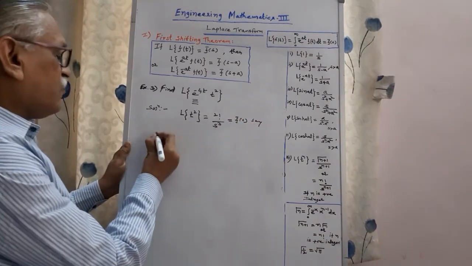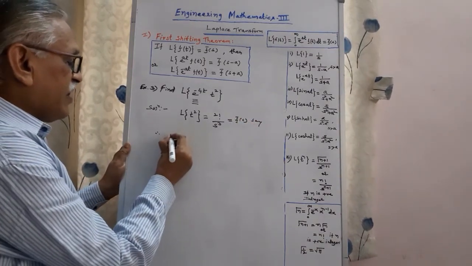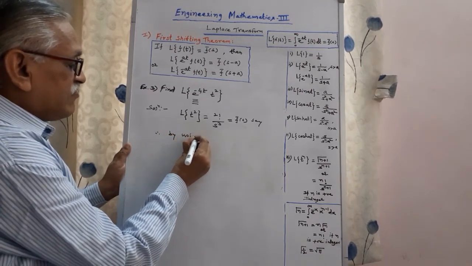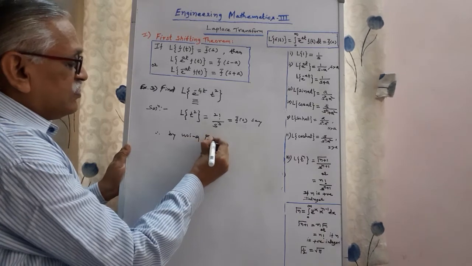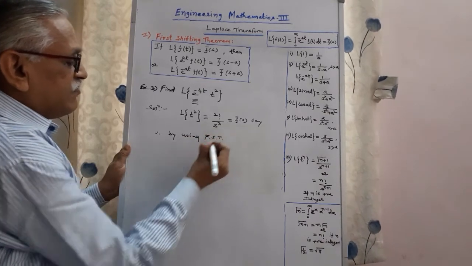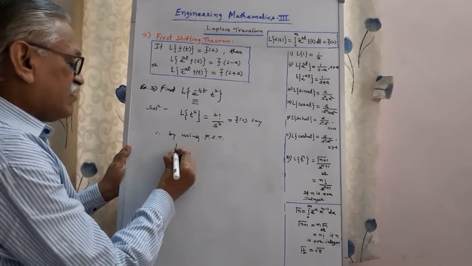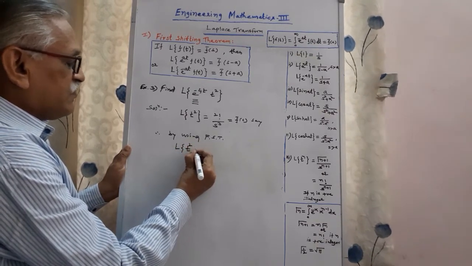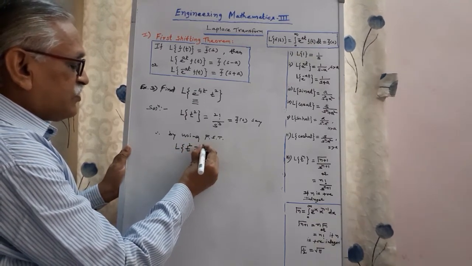Okay, and therefore by using first shifting theorem, we get Laplace transform of t square multiplied by e raised to minus 4t.